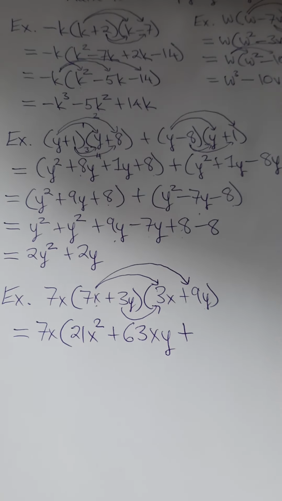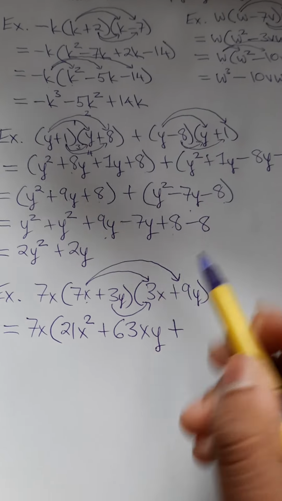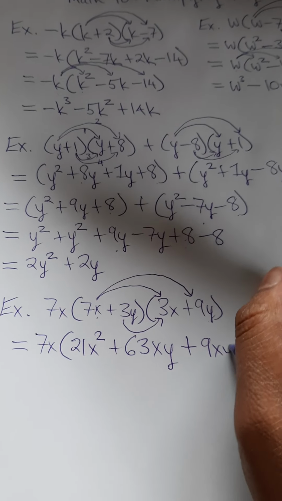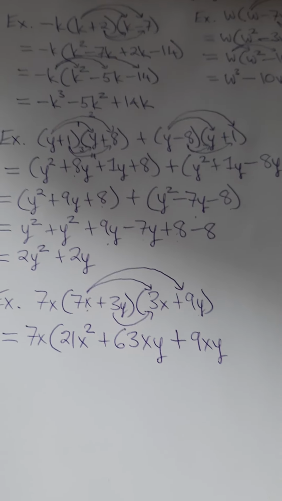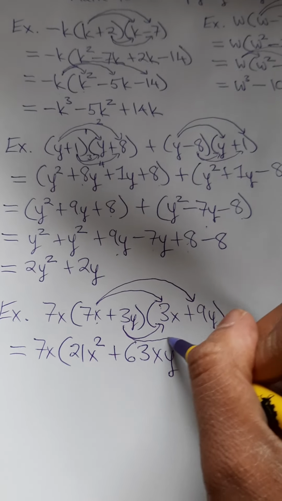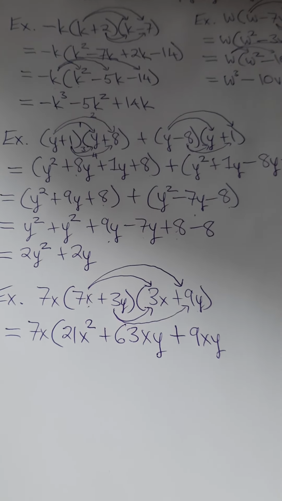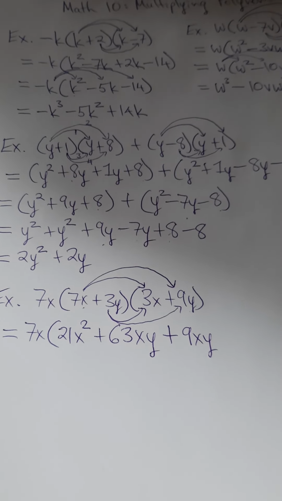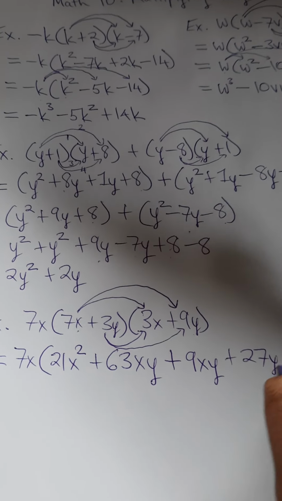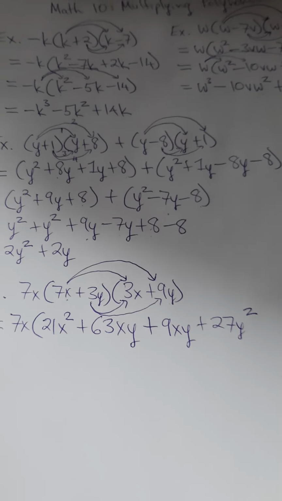I'm doing 3y here times 3x, 9xy. Okay, and lastly, we're doing 3y times 9y. Okay, and that's going to give you positive 27y squared. Oh, so we'll close the brackets here. Okay, so this is my expression so far.